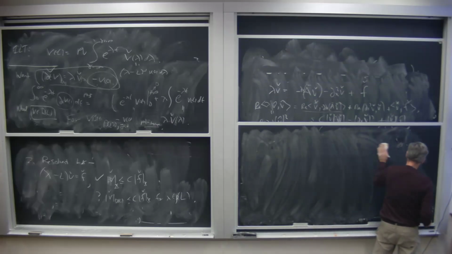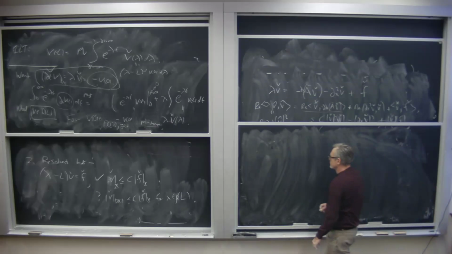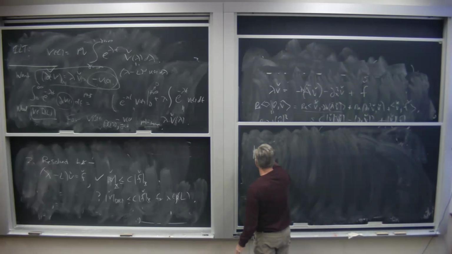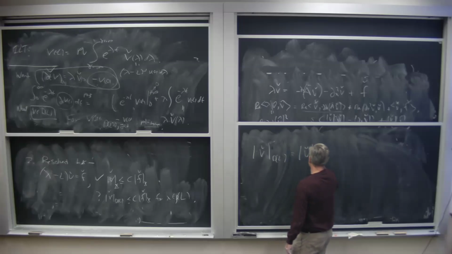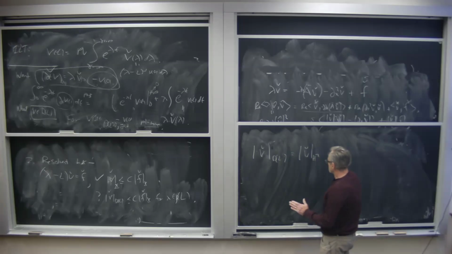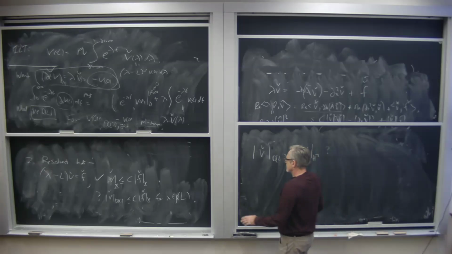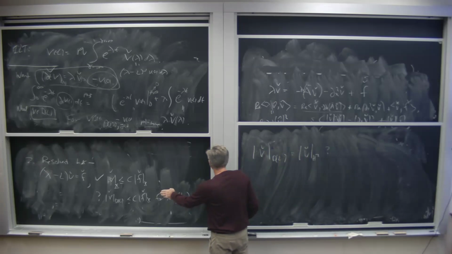Okay, so if I want to get v check in D of L squared, or just D of L, that's v check in H2. Now I do have the equation, right?